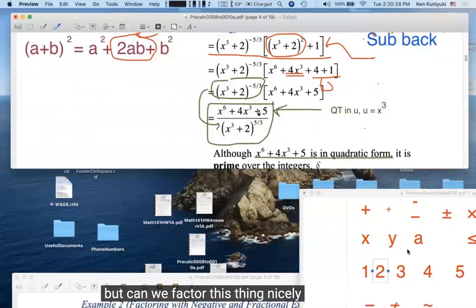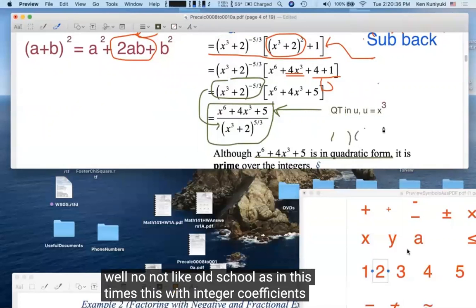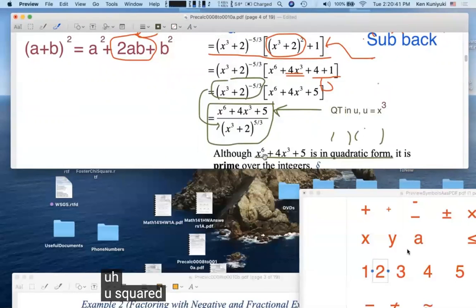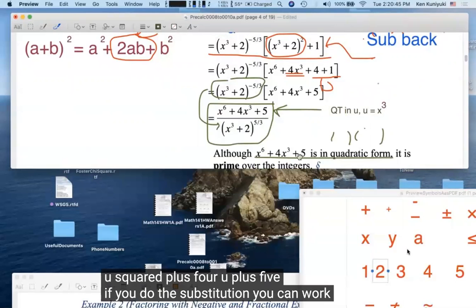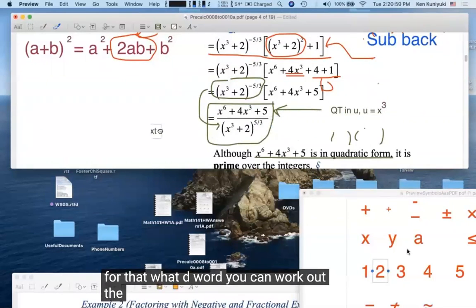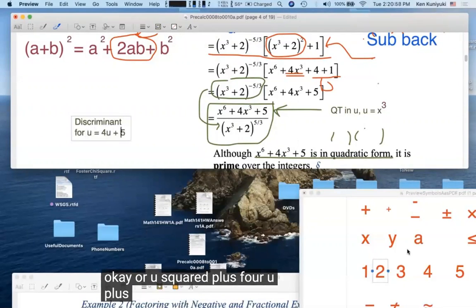But can we factor this thing nicely, old school, as in this times this with integer coefficients? If you write this as u squared plus 4u plus 5, you can work out the discriminant.